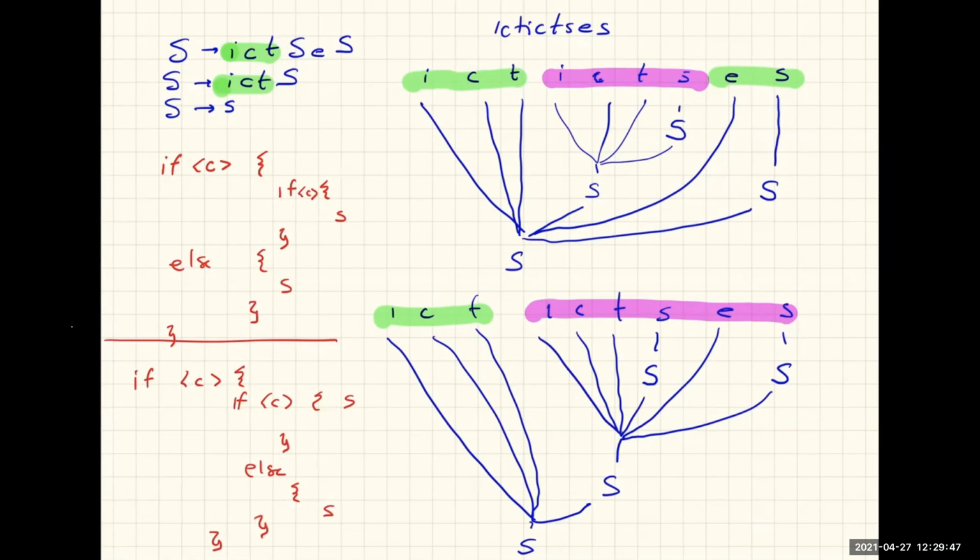Let me check. Let me try to disambiguate by using curly braces. I'm doing something. Let me try to find what it is. Else.